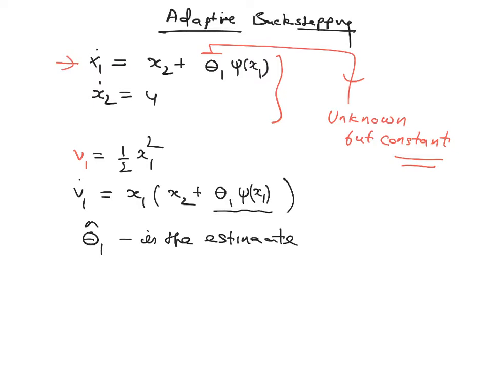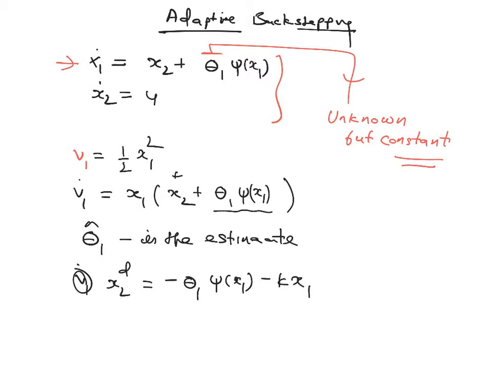If theta were known, I could cancel it. What would my choice of x2 be? x2 desired would be minus theta 1 phi of x1 minus k x1. That would solve the problem.